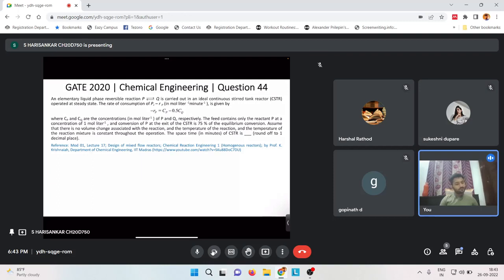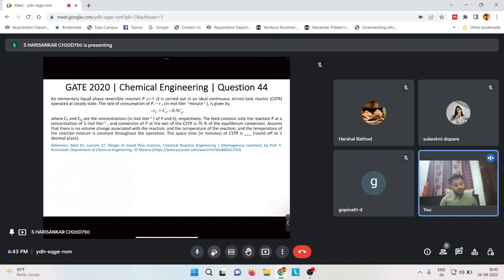The feed contains only the reactant P at a concentration of 1 mole per liter, and conversion of P at the exit of the CSTR is 75% of the equilibrium conversion. Assume that there is no volume change associated with the reaction, and the temperature of the reaction mixture is constant throughout the operation. The space time in minutes of the CSTR is dash, rounded off to 1 decimal place.